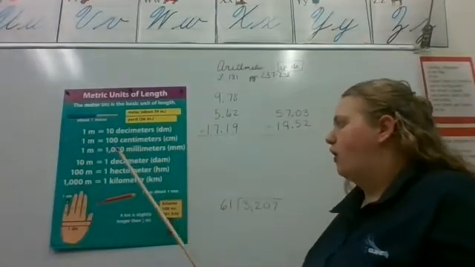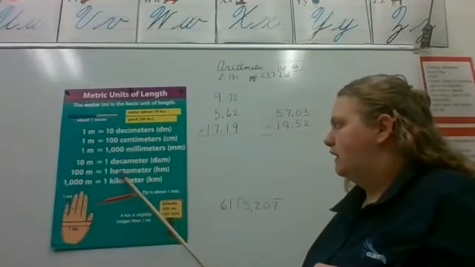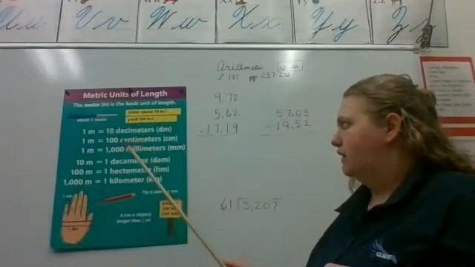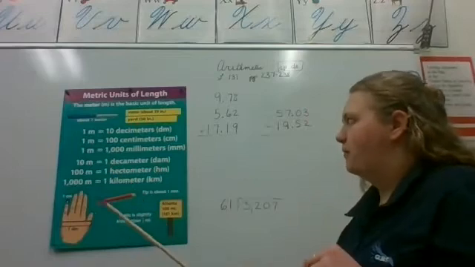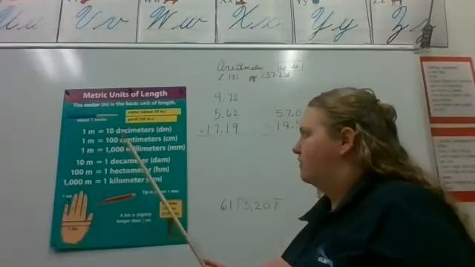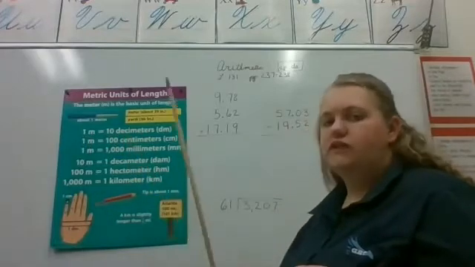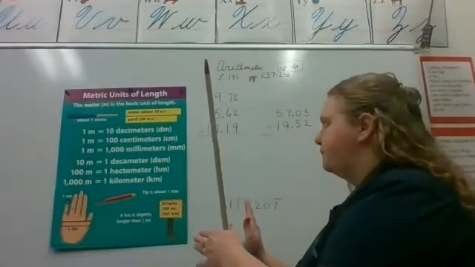If you remember our way to remember these, King Henry drinks Diet Coke Mondays, or whichever one you want to remember, but that one we remembered. So 10 decimeters, that's the closest one to the meters on your right side.